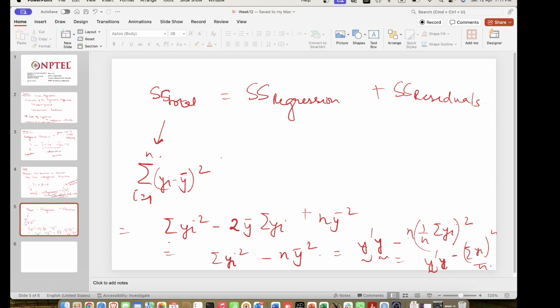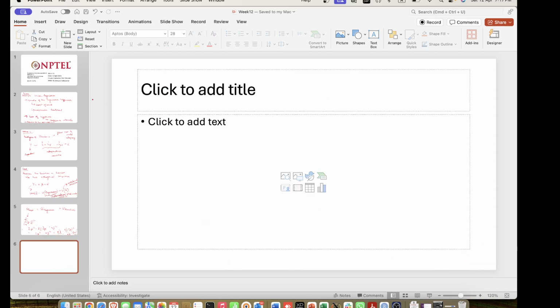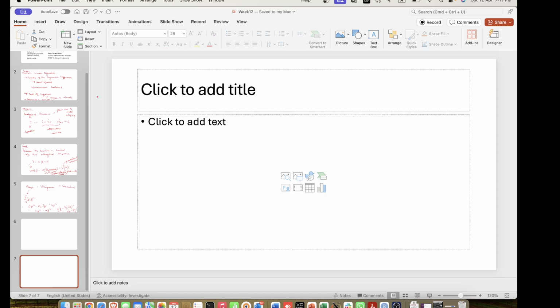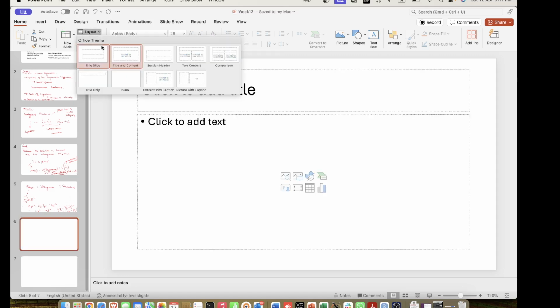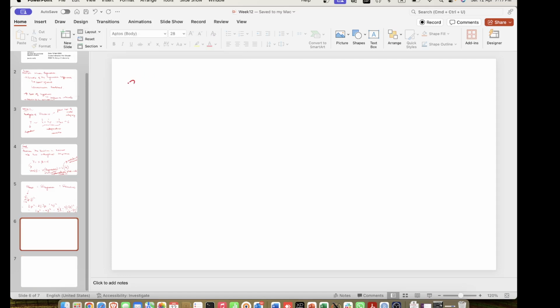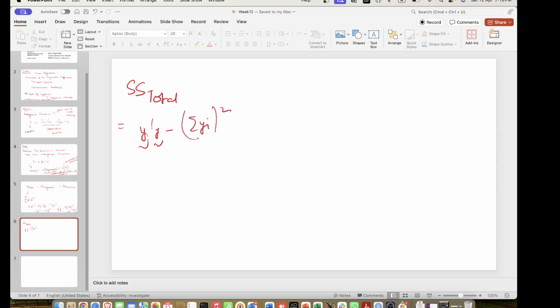So SS total is equal to y transpose y minus summation yi whole square by n. This is equal to SS due to regression plus SS due to residuals.